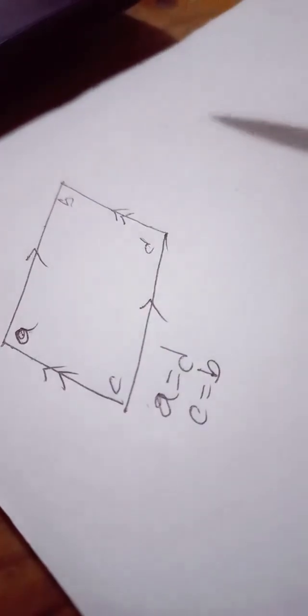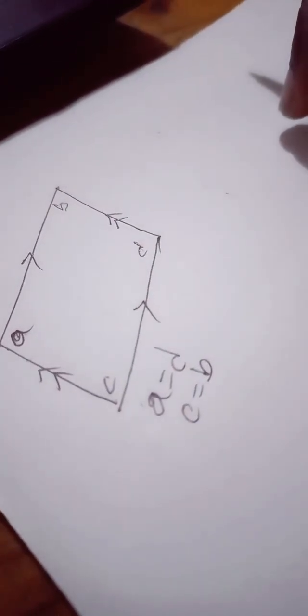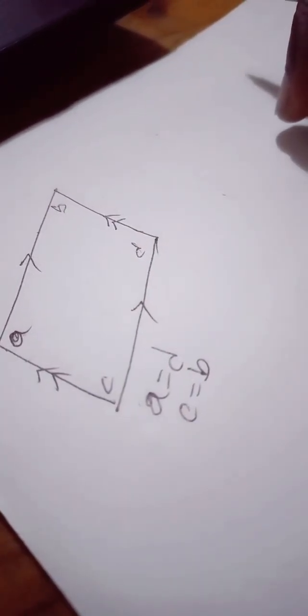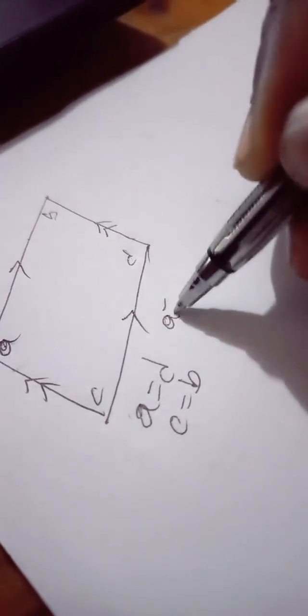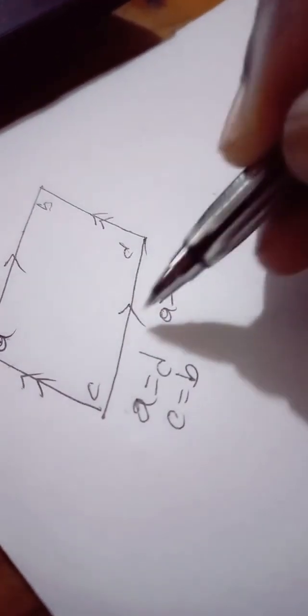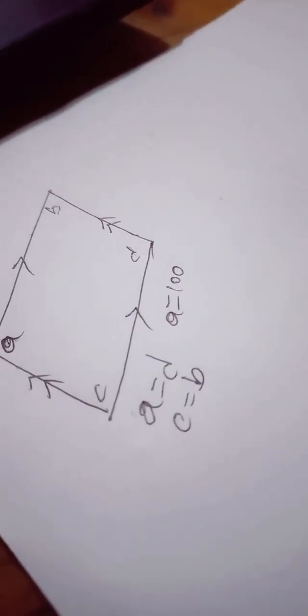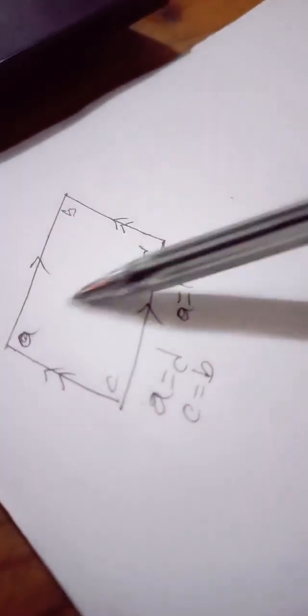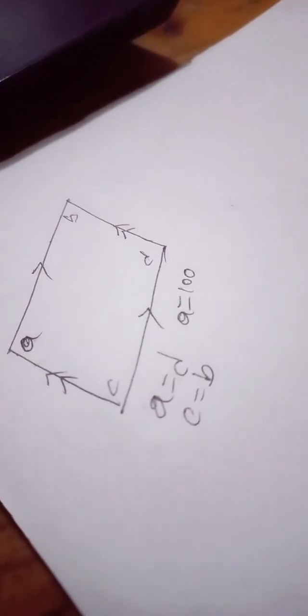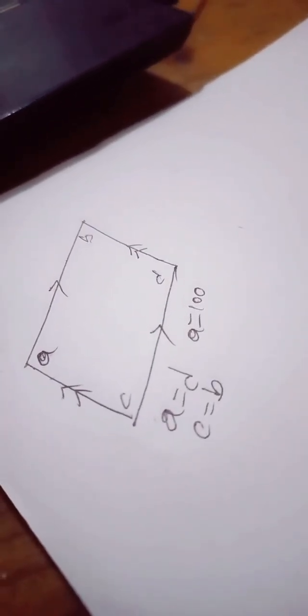If you are told here that angle A is equal to, let's say, 100 degrees, this question must not be very difficult. Why am I saying so?